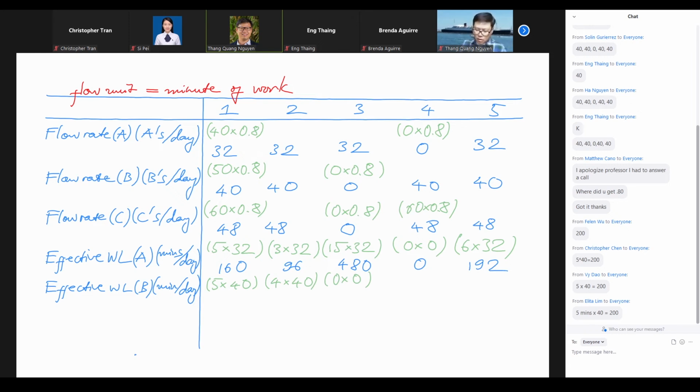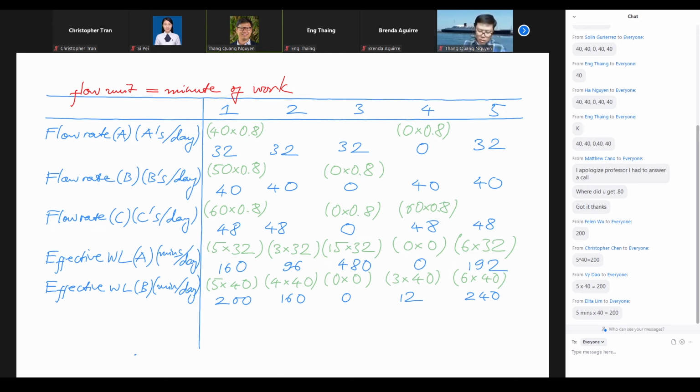And then the next one is 3 minutes per burger times 40 units. And then finally 6 times 40. So we got the following numbers: 200, 160, 0, 120, and then 240. So now you already know how to relate the numbers together.